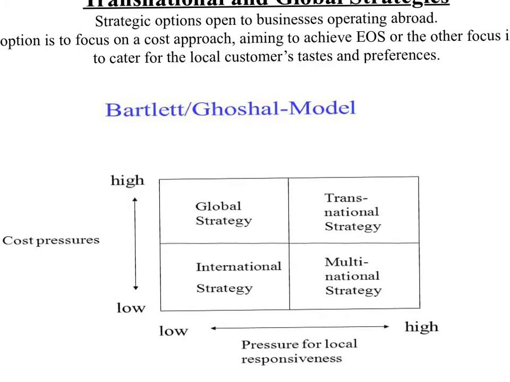So the strategy splits it up into four different elements on the matrix. If we think about businesses that have a real pressure of cost and they want to take cost advantages of moving abroad, then you'd be looking at global strategy and transnational strategy. Now the difference between the two is that with the global strategy, they do not believe they need to really cater for local tastes.